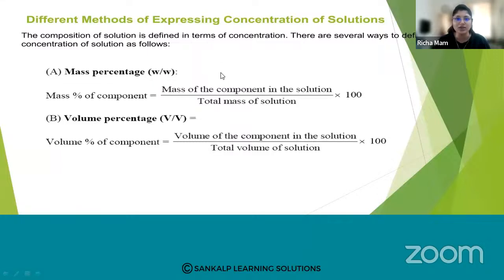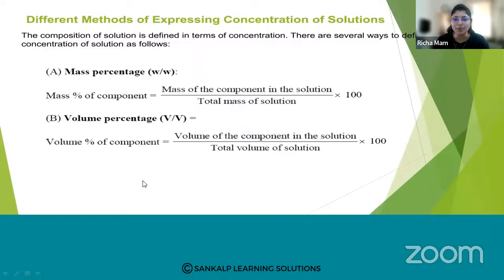So the amount of solute in grams dissolved in 100 grams of solution, because we have taken the total mass of solution. So the amount of solute in grams present in 100 grams of solution, this is the mass percentage.